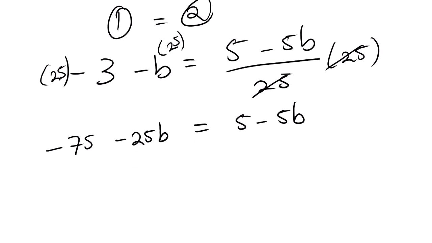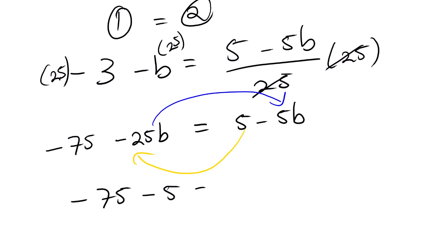Then we take all the terms with the b variable to one side and all the terms without the variable to the other side. So we take this to the other side, and we also take this to this side. So we are going to have -75 minus 5 equals -5b plus 25b.